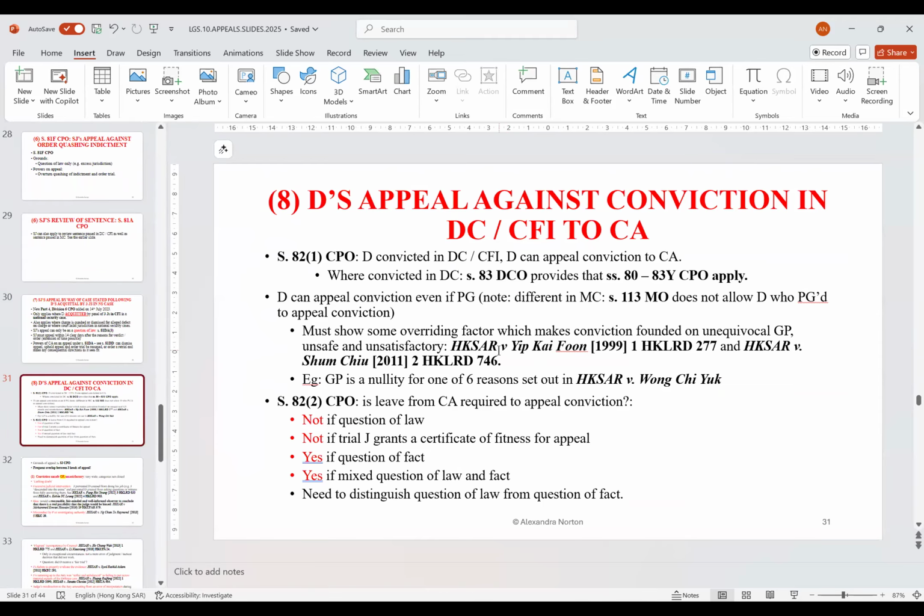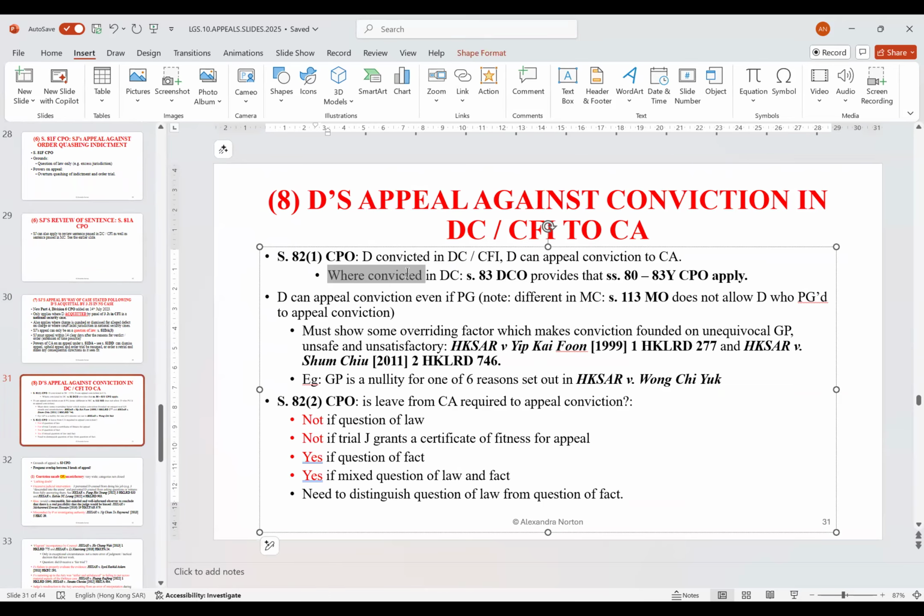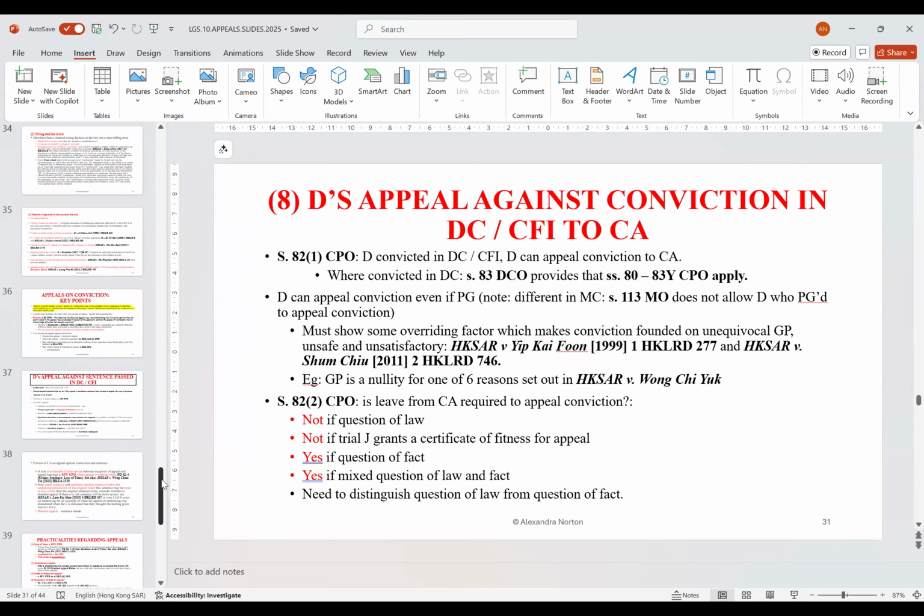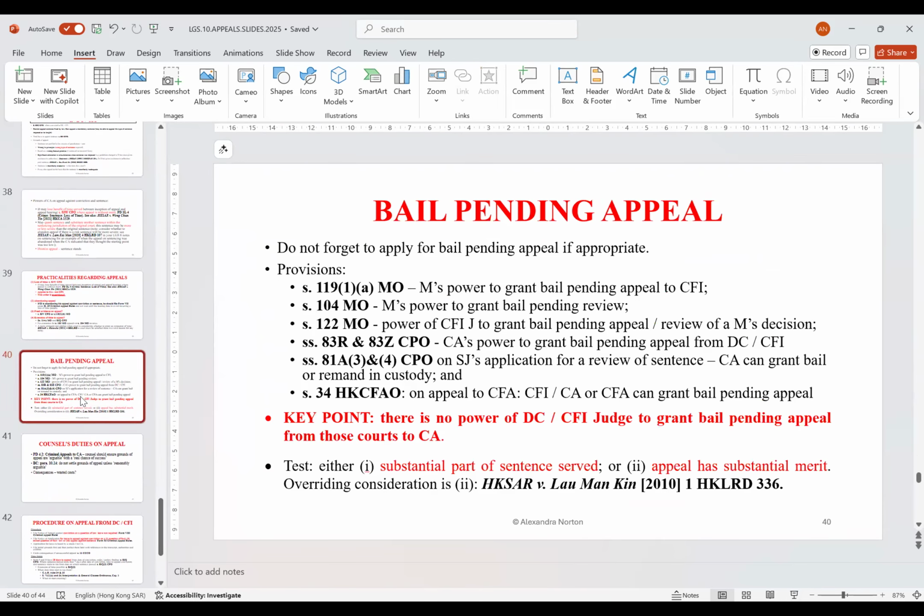It was here, slide 31. We said where a defendant is convicted in the district court, Section 83 provides that sections 80 to 83Y of the CPO apply, but there is a Section 83Z which does not apply. So this is why it is relevant now as we consider bail pending appeal.